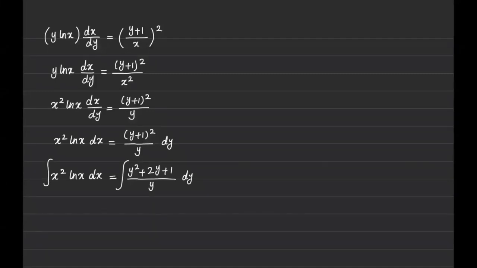Whenever we have the multiplication of a polynomial and a logarithmic function, we need to use the method of integration by parts. So we will call ln of x u, and x squared dx we will call dv. So u is ln of x, and dv is x squared dx.